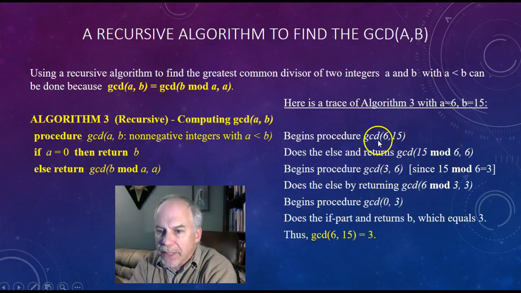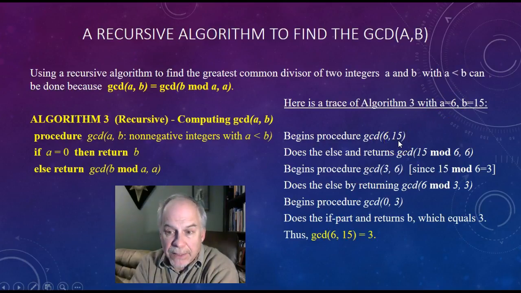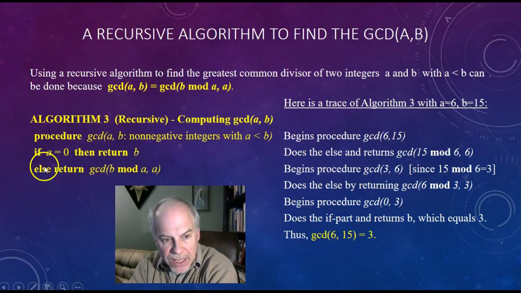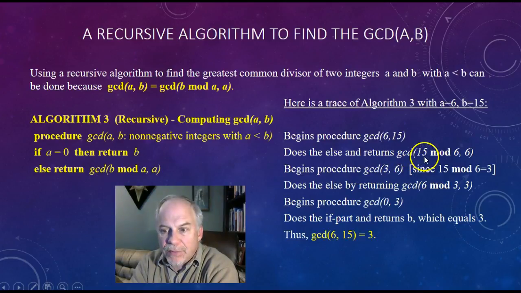So it begins the procedure using a is 6 and b is 15, and then it'll hit the line that's if a is equal to 0. So it's not going to do that line, but it does the else instead. So it does the else and returns the GCD of 15 mod 6 because it's doing b mod a, and b was the larger of the two.